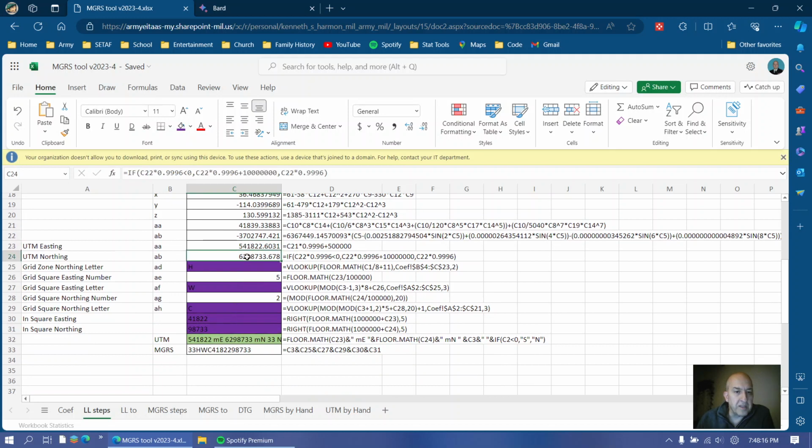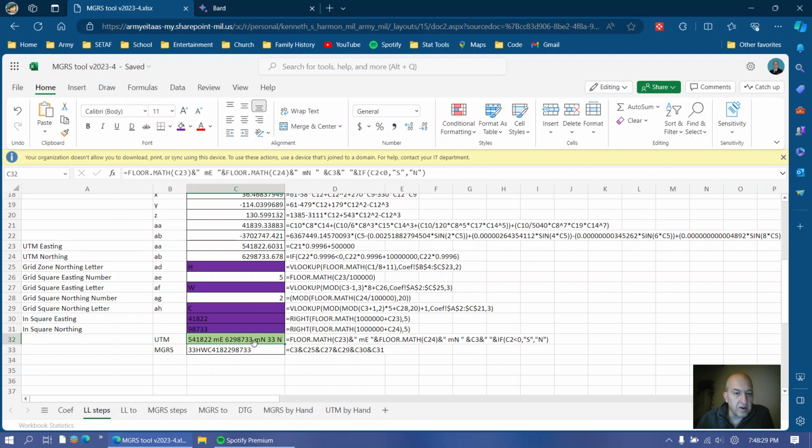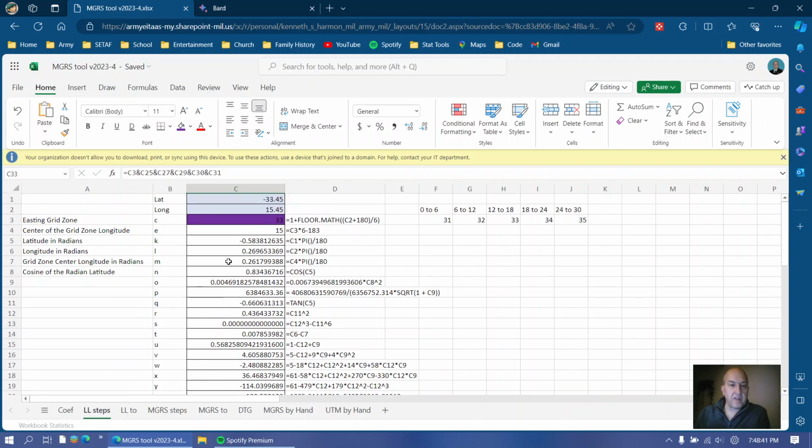So those 2 pieces become the easting and the northing for the UTM. That's this. We're in grid zone 33 and we're in the northern hemisphere. The MGRS, we take the 33, the H, the W, the C, these 5 digits, those 5 digits, and that becomes MGRS.